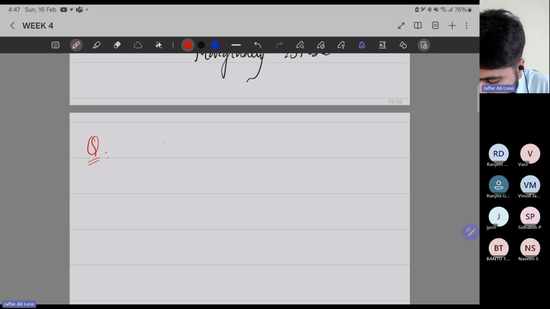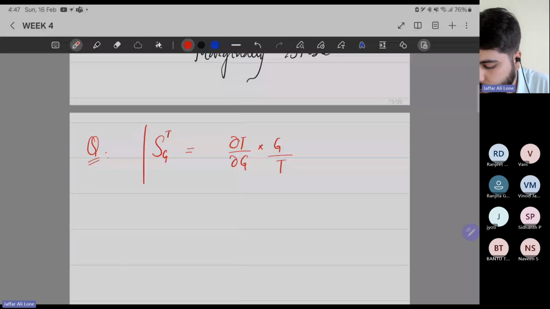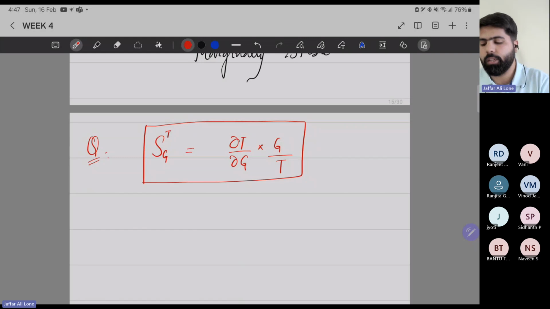So the sensitivity of a transfer function T with respect to a parameter G is given by dT over dG into G over T. You have read it in detail, but for the time being, just remember this formula. So sensitivity with respect to parameter G of a transfer function T is given by dT over dG into G by T, right? Now, let's solve a question.